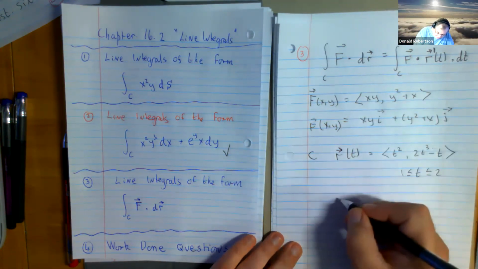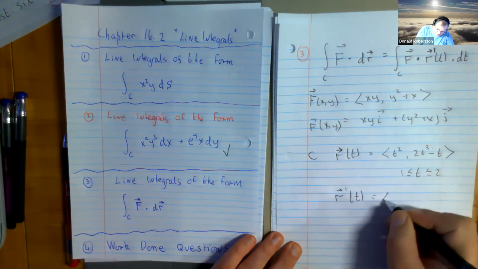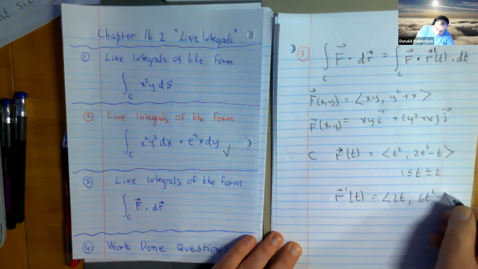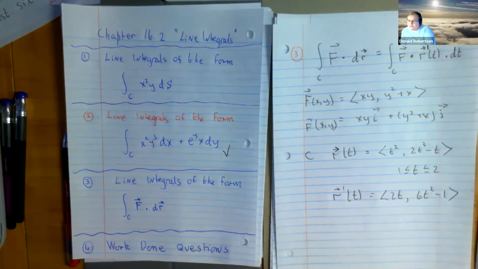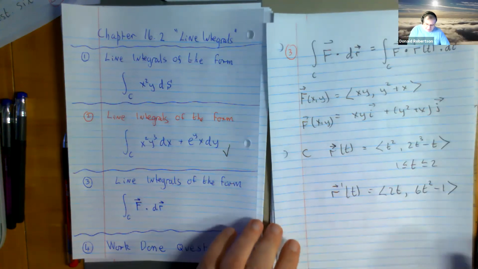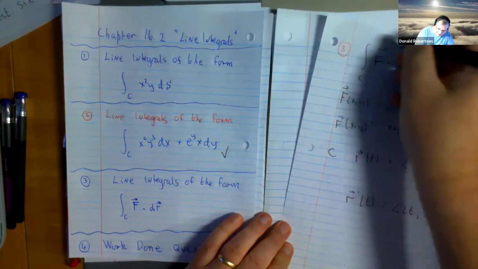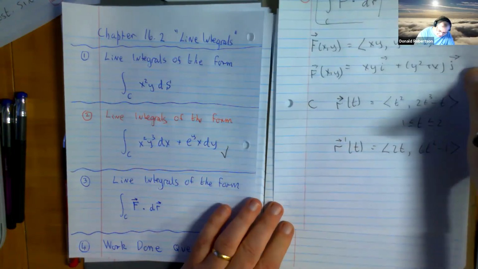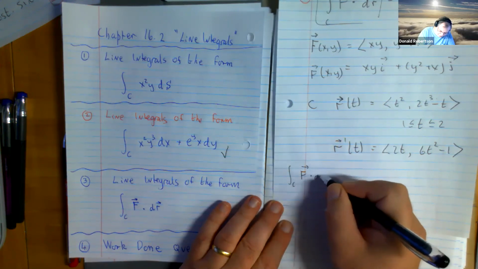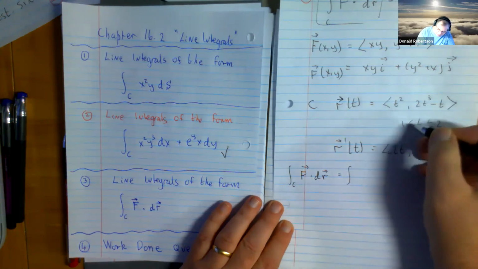So let's find r dash t. From Calc 3, are we happy with the derivative function r dash of t? Okay, now I'm ready to put the pieces together. This fella here. It's going to be the integral from t equals 1 to 2.